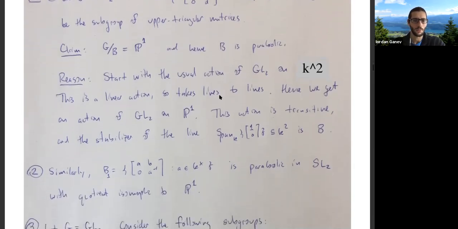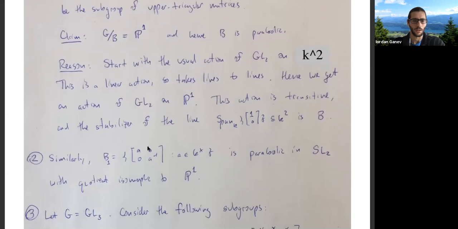Okay, and similarly, if we think about the subgroup of SL2 consisting of upper triangular matrices of this form, then in fact the same argument as before shows that the quotient is P1.